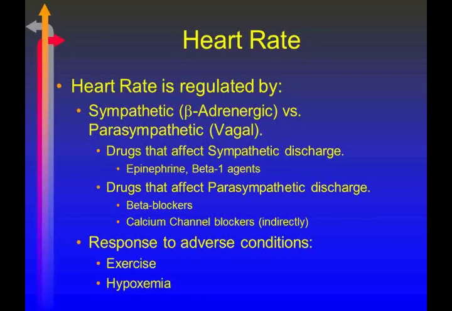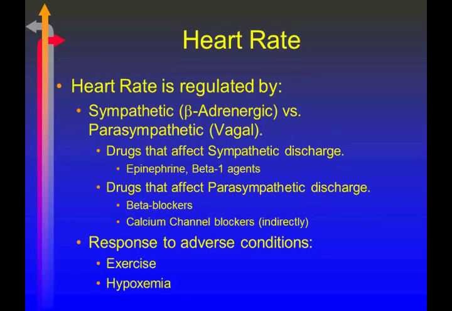Heart rate, we know, is regulated both from the parasympathetic and sympathetic system. The sympathetic would be a beta-1 adrenergic stimulation. Parasympathetic is through the vagus nerve. There are various drugs that we can use to speed up the heart rate, things like epinephrine and other beta-1 agents. And then we can also have heart rate being affected by blocking the parasympathetic discharge.